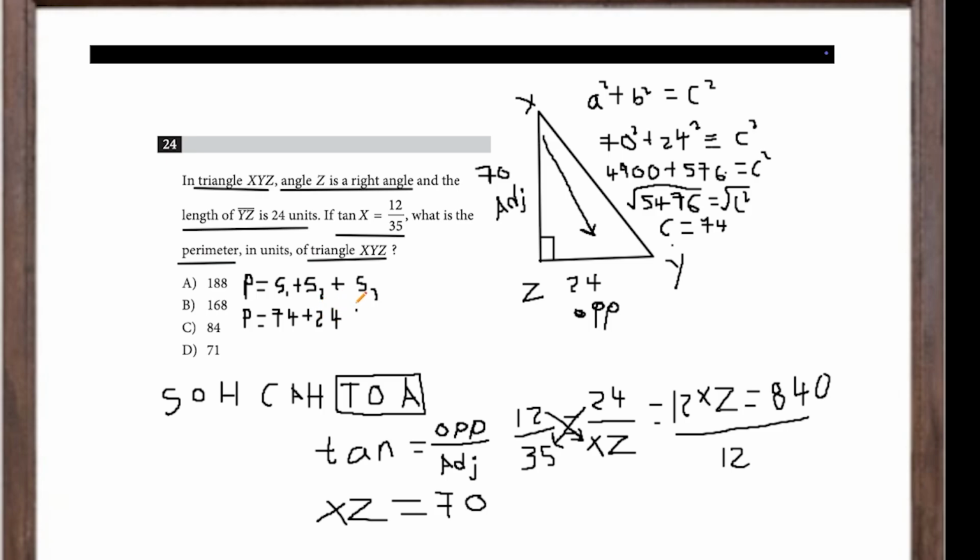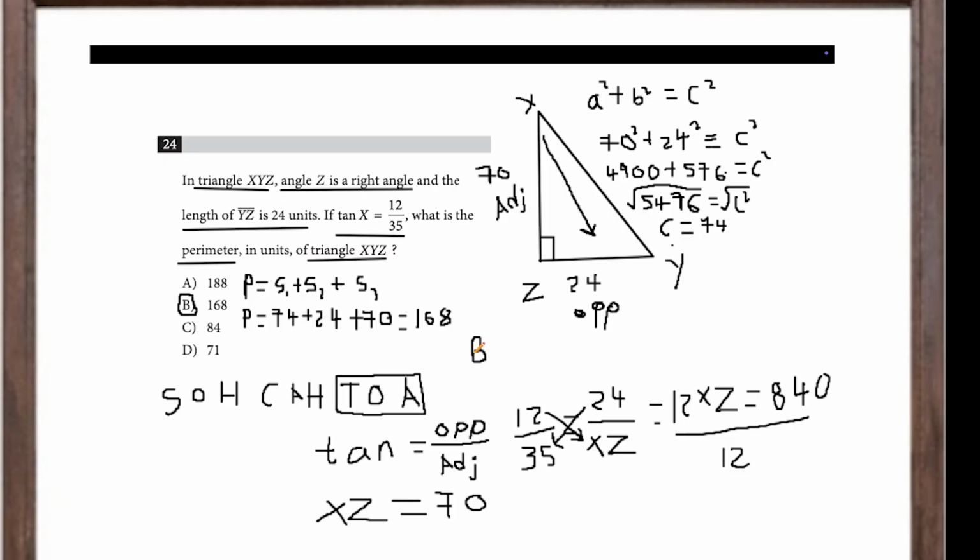And side 3, we're going to have as 70. And once we add all of these together, we get P is equal to 168. So P is equal to 168. Therefore, our answer is B.